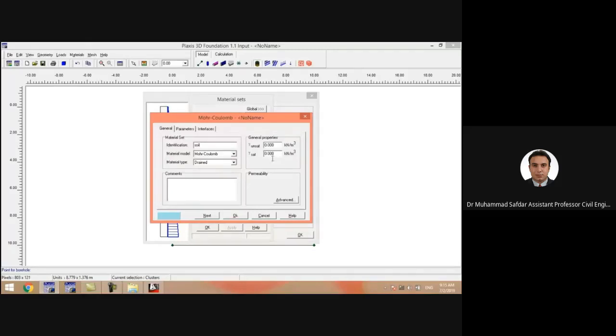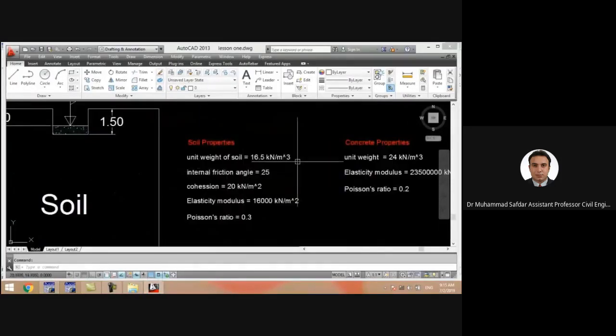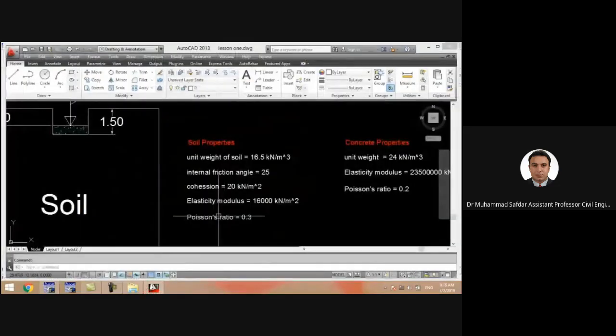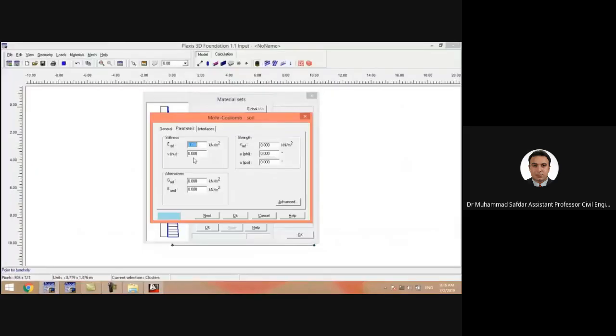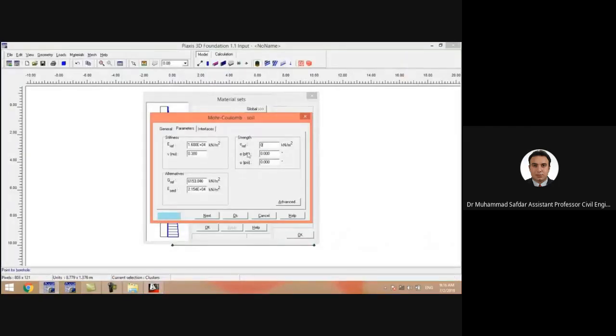So soil properties are getting assigned: drained condition, undrained condition, Mohr-Coulomb failure criteria, unit weight, unsaturated and saturated unit weights, how they assign it, Poisson's ratio, elastic modulus, cohesion and friction angle values.